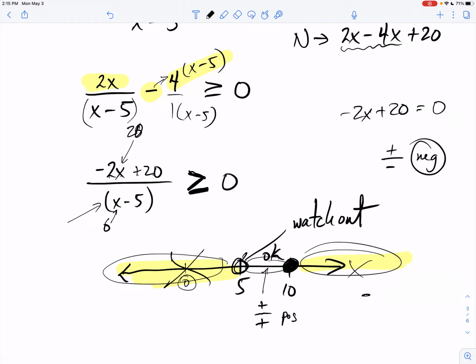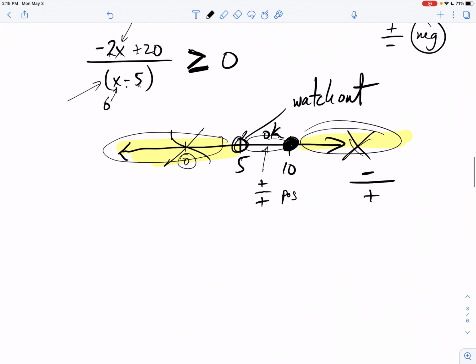So over here, I'd get a negative divided by 20 minus 5, which is 15. 15 would be positive. So guess what? It turns out this is not good stuff here. So the only answers I would get are the numbers between 5 and 10.